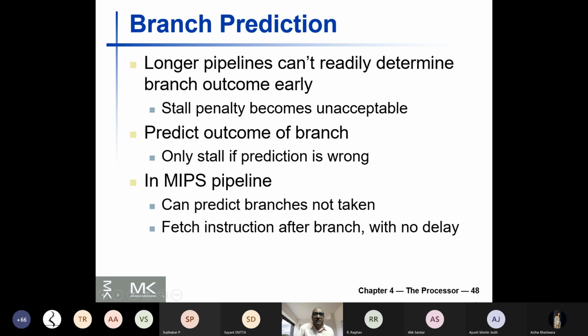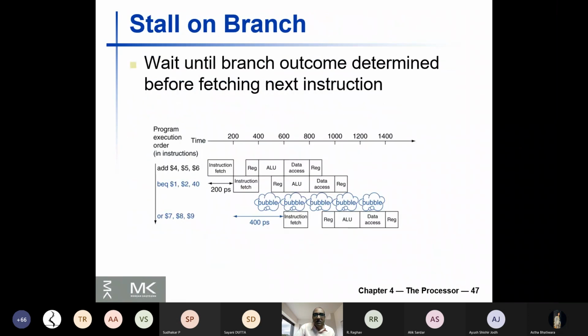So for every branch instruction, if you use the previous method, you need to stall for at least one cycle. If the frequency of branch instructions is 17%, then the overall performance will be delayed by 17%.